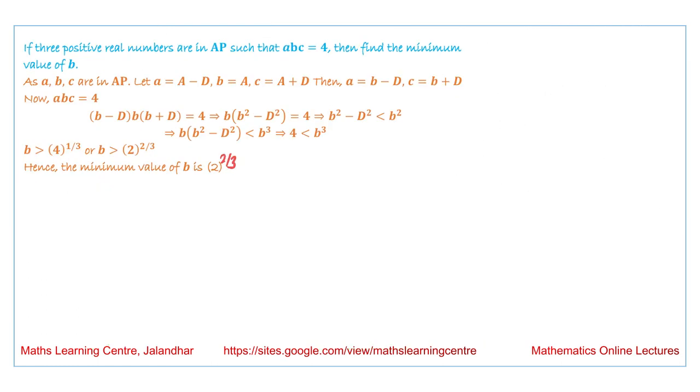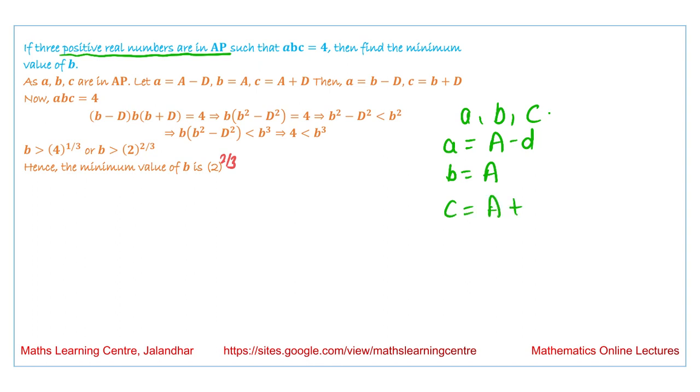Now next, if 3 positive real numbers A, B, C are in AP, we consider the value of B as A, the value of A as A minus D, and the value of C as A plus D, or we can write capital D in place of small d. It is given that A into B into C is equal to 4.